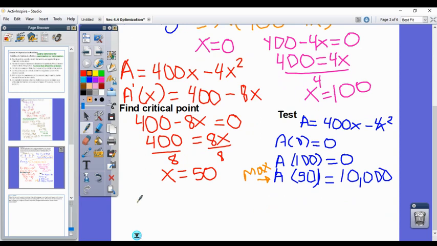So now that we know that x is 50, we can actually plug that in to find our y. So 4 times 50, and I'm going to plug into my original equation, 4x plus y equals 400, so 200 plus y equals 400. So I'm going to subtract that, which is giving me that my y has to be 200 feet.